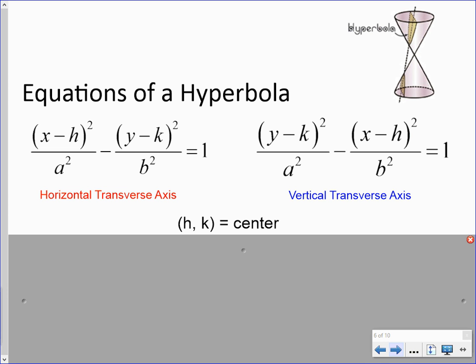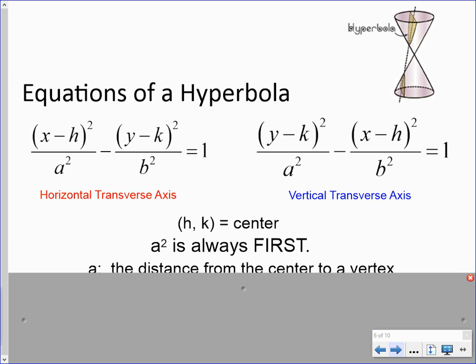The big difference here from an ellipse is how do you find a? Remember that for an ellipse, a squared and b squared were moving around. How are we going to tell which one was a squared? Yesterday we said a squared was always bigger. Okay, that may not always be the case for a hyperbola. Now we just say a squared is always first.